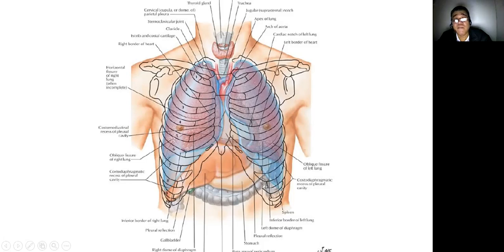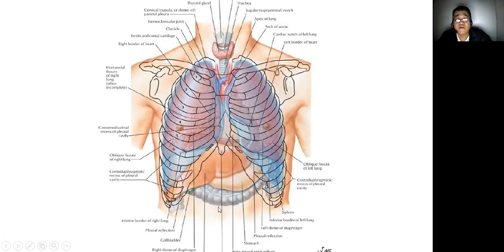Now, anteriorly, the pleural space can go to as low as the level of the eighth rib, anteriorly, eighth intercostal space, sorry, and laterally it can go as deep as the ninth intercostal space.